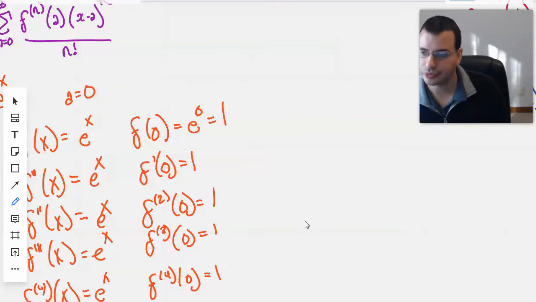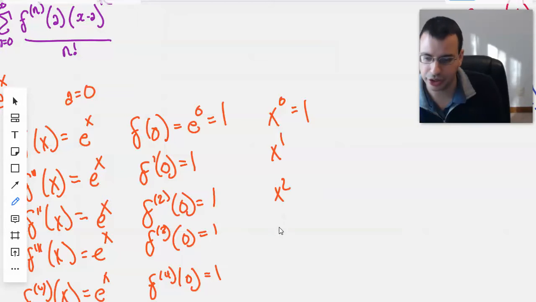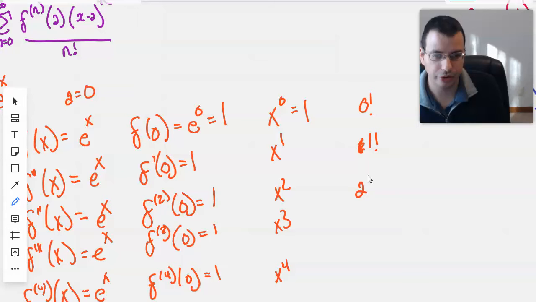Okay? X to the 0 equals 1. X to the first is just x to the first. X squared is x squared. X cubed is x cubed. And x to the fourth is x to the fourth. N factorial, which is 0 factorial. Then we have 1 factorial, 2 factorial, 3 factorial, 4 factorial.